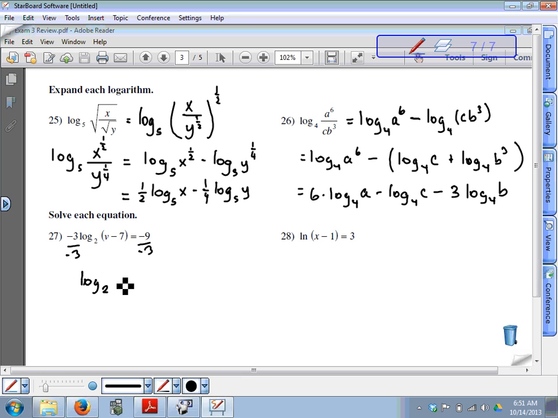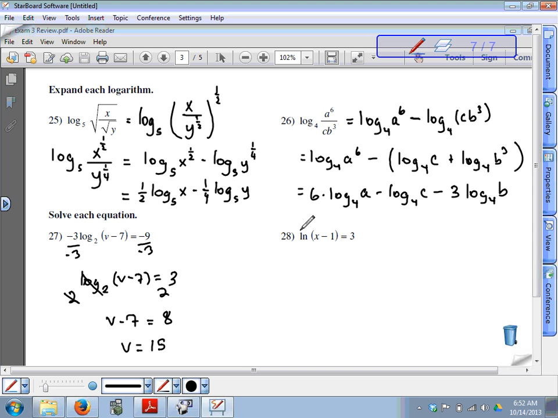So the log base 2 of v minus 7 is equal to positive 3. We use a base of 2 on both sides. To cancel log base 2, we have v minus 7 is equal to 8. Adding 7 to both sides, v is equal to 15.